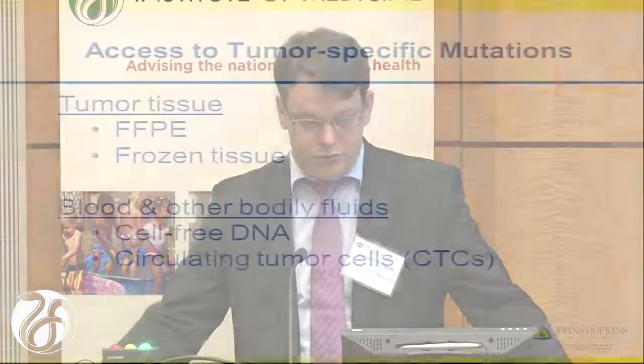Patients have to undergo a biopsy, have to have surgery, and the number of time points you can do this in a patient are limited. There's paraffin-embedded DNA that is often stored for long periods of time and can degrade. There's a sampling issue. And we have frozen tissue that is a little bit more appealing.